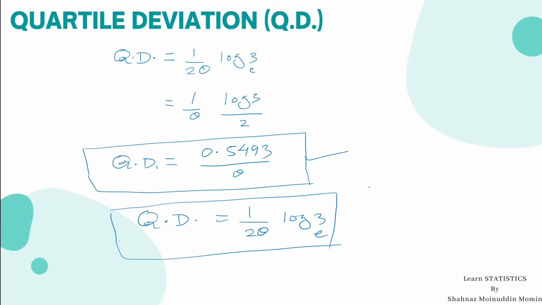In this way, in this lecture, we learn two concepts, quartiles and quartile deviation. In quartiles, we learn the first and third quartile, and in the second point, we learn how we calculate the quartile deviation by using the first and third quartile.